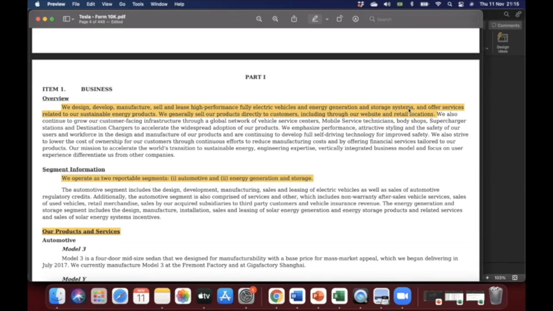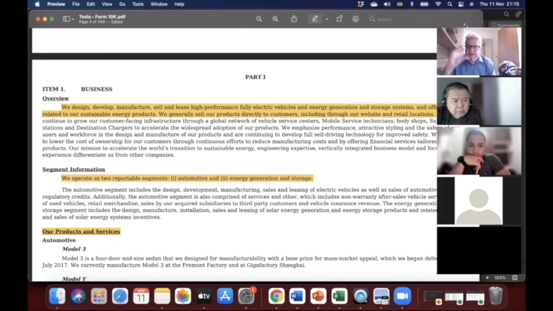So the core business of Tesla is not only the electric cars, but also energy generation and storage systems, the batteries and the solar panels, and offer services related to our sustainable energy products. We generally sell our products directly to consumers, including through our website and retail locations. So here is just a summary of what Tesla is about.